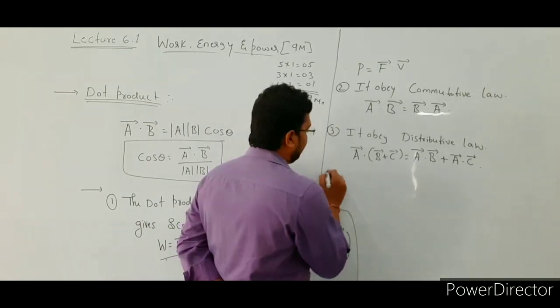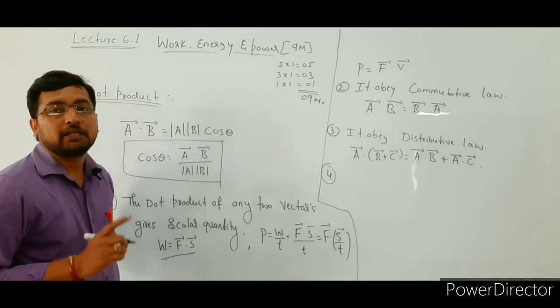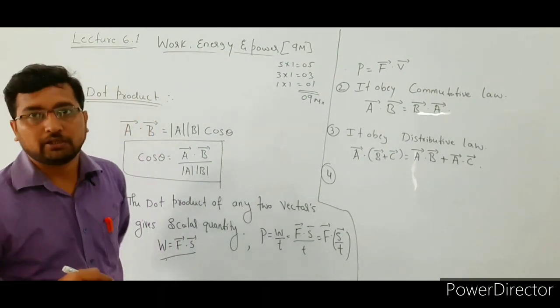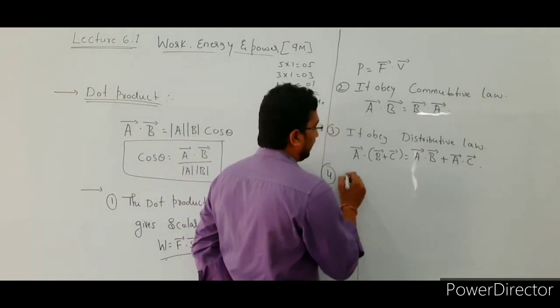The fourth property: the dot product of any two vectors depends on the theta value.